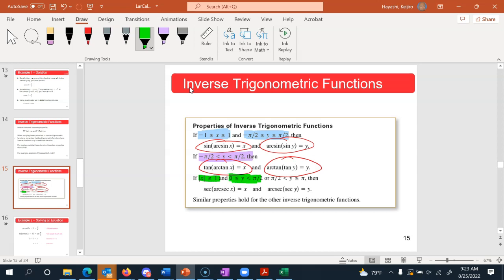But more importantly, as long as your angle measures are in between 0 and pi over 2, or in between pi over 2 and pi, then in that case, secant and arcsecant will cancel each other out.